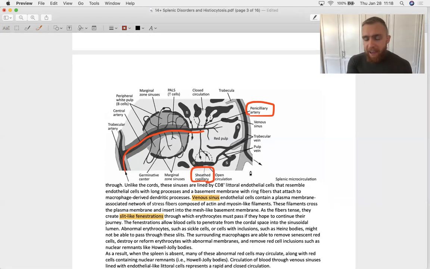And then they're going to exit the capillary bed and go into venous circulation, labeled by the pulp vein here. So there's a little bit of an open circulatory space. This spot right here is kind of referring to the transitional zone where capillary blood becomes venous blood. There's open circulation, and then there's venous blood.